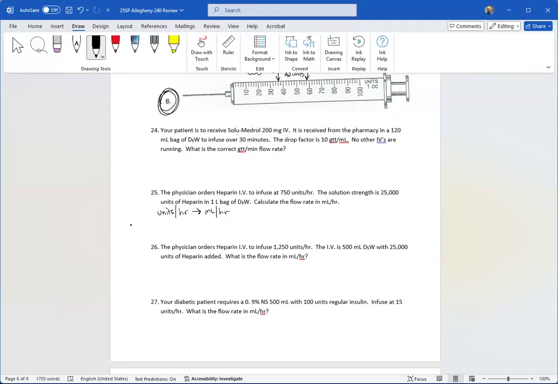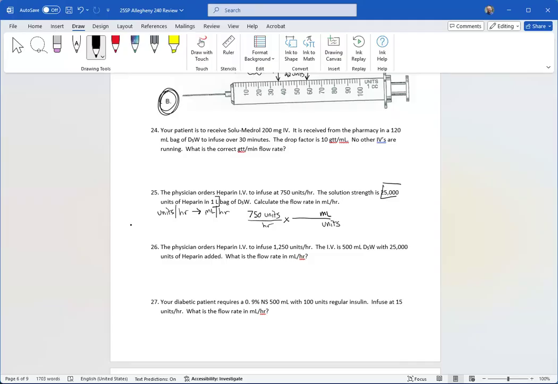So my strategy is to take the original flow rate and convert the units per hour by getting rid of units and converting it to milliliters. I can do that because I have this IV that has the 25,000 units of heparin and a 1 liter bag of dextrose 5% water.